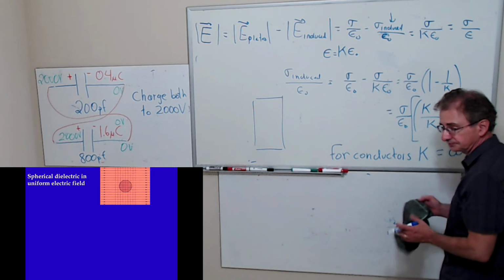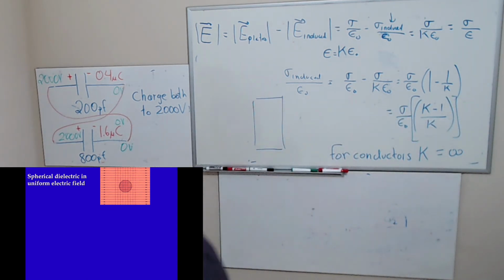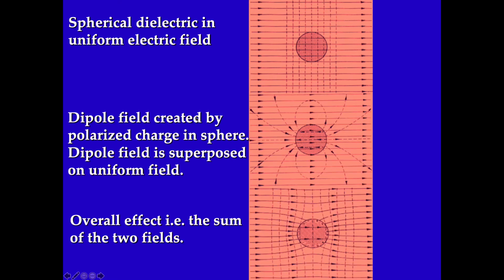So let me show you diagrammatically what happens when you put a dielectric in an electric field. Here's a dielectric in an electric field, and what happens when you put it in the electric field, you're going to get a dipole created.